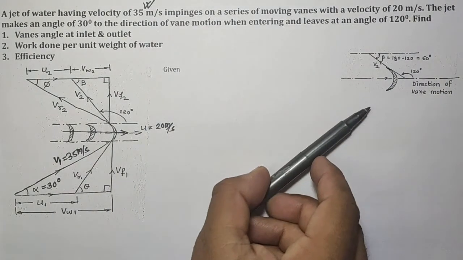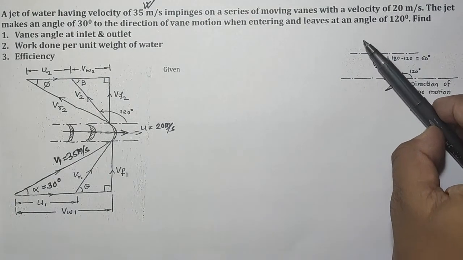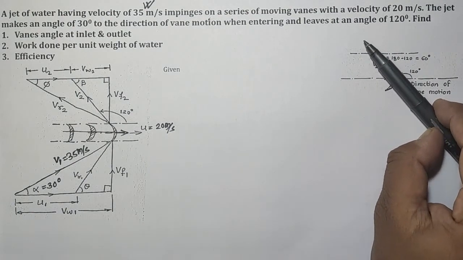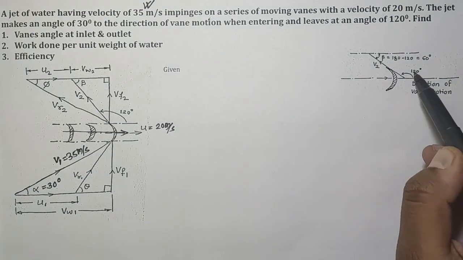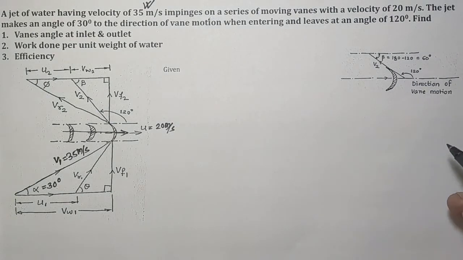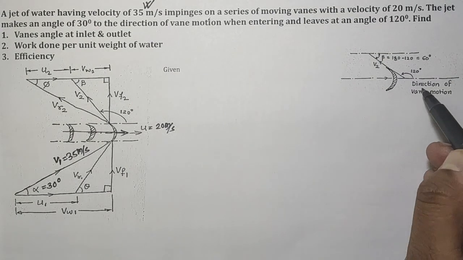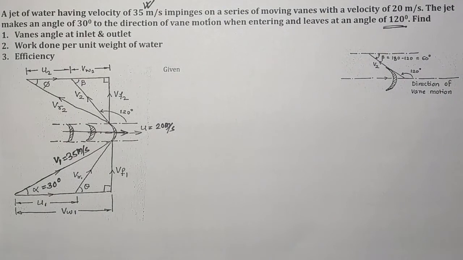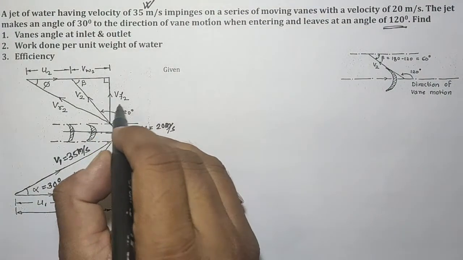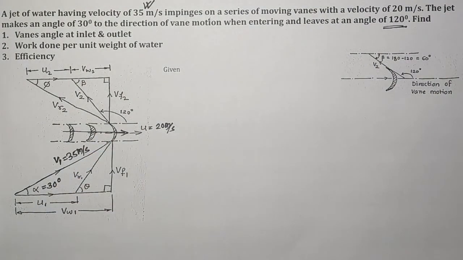If we assume that this is a kind of vane, then because of the forward momentum, this jet leaves the vane in this direction, making an angle of 120 degree with the positive x direction, that is the direction of vane motion. This is what we need to understand in this problem. So this angle is 120 degree, and the other angle to be found is the beta angle.